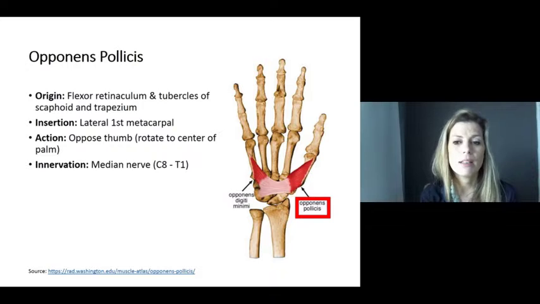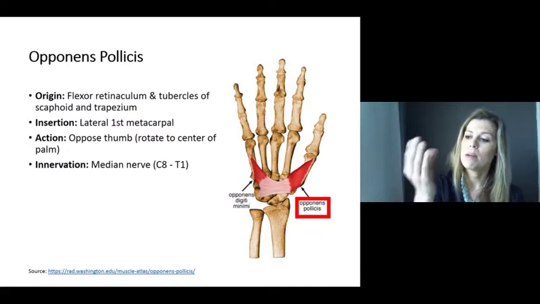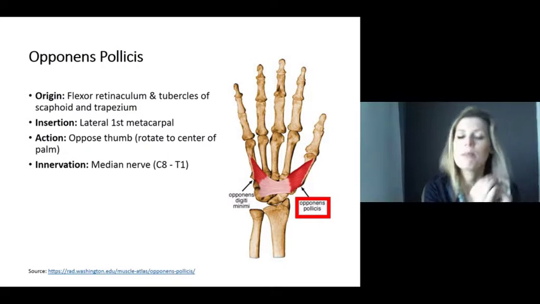With opponens pollicis, you can see that it's a pretty deep muscle, and it has origins and insertions listed here. And it has this ability to kind of rotate that thumb across the palm for different functional activities. So you might oppose to hold on to your earring, to put your earring in.